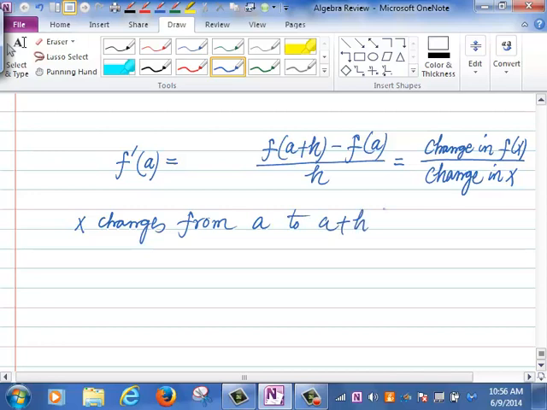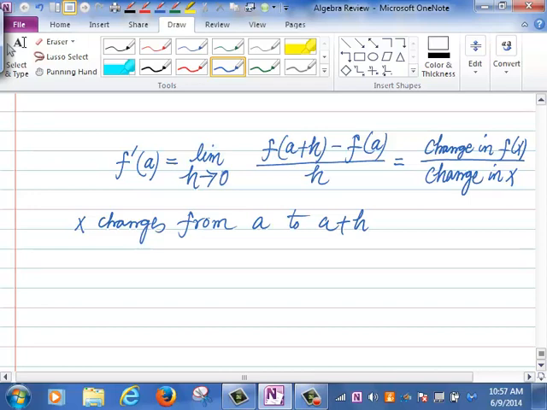So the change in x is h, and the change in the value of f is f of a plus h minus f of a, right? Am I making sense? So, and then we are taking the limit as h goes to 0.